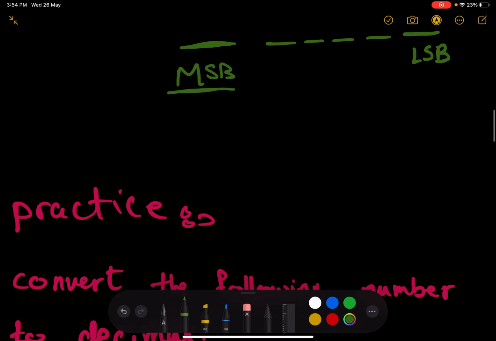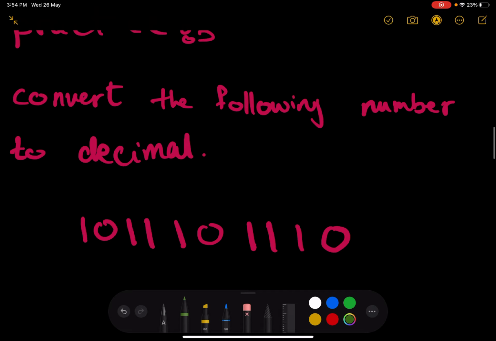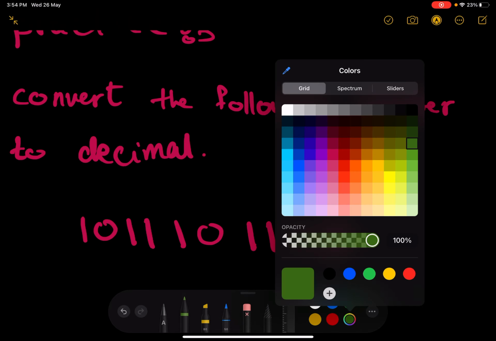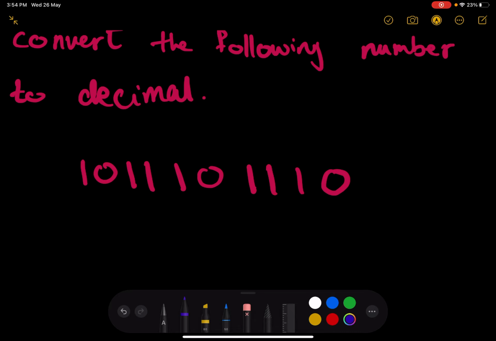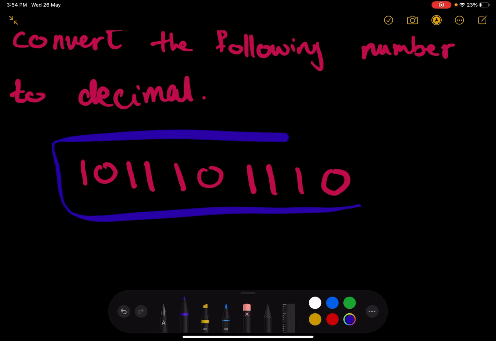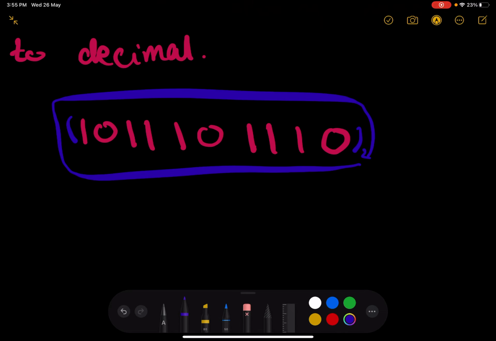So let's have an example so you can understand how to convert from binary to decimal. As you can see here, we have this binary number, so we write 2 here. And now we're gonna start converting from binary to decimal. The first bit will have the value of 2 to the power 0.